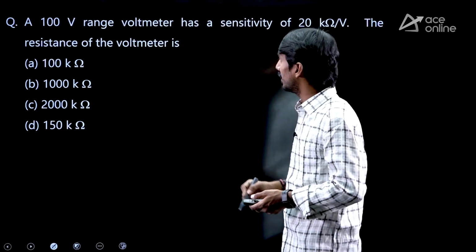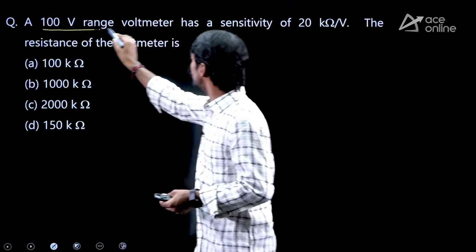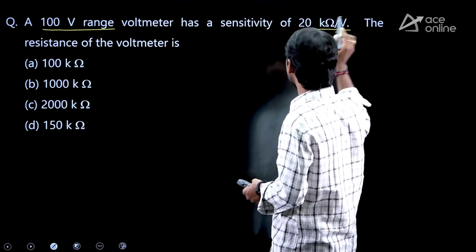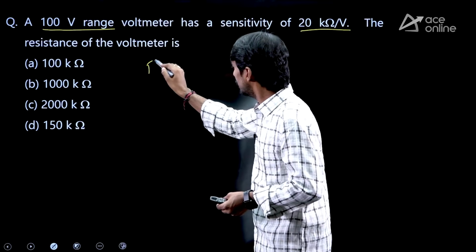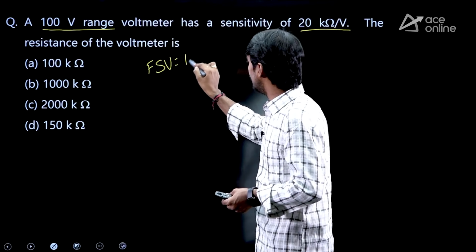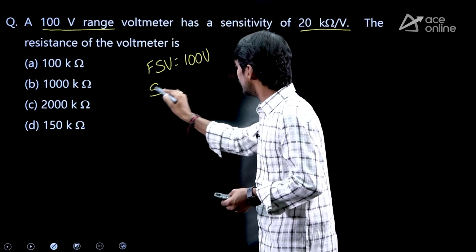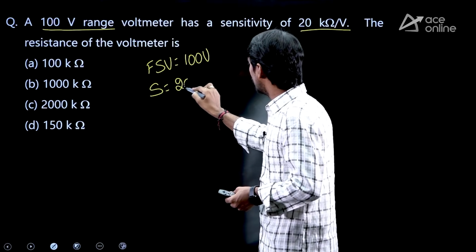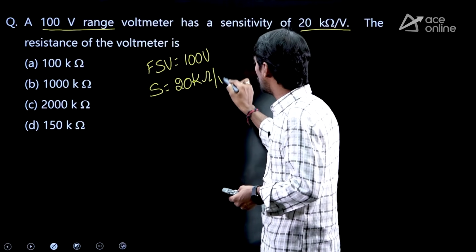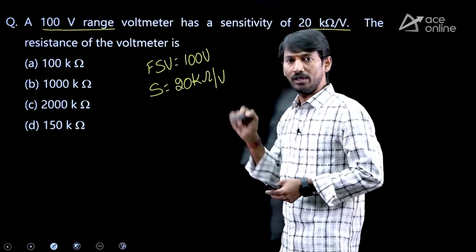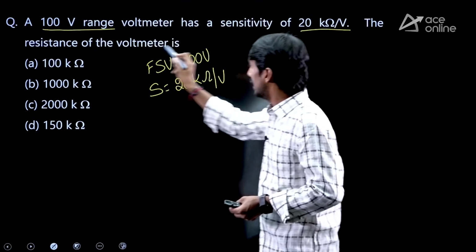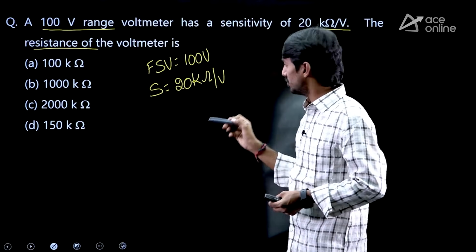Right. Next one. A 100 volt range voltmeter has the sensitivity of, what is that? Full scale value is given as 100 volt or range is given 100 and sensitivity is 20 kilo ohm per volt. What they are asking is the resistance of the meter, very simple.